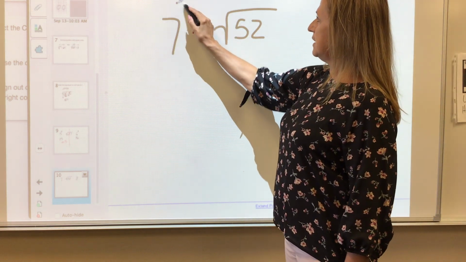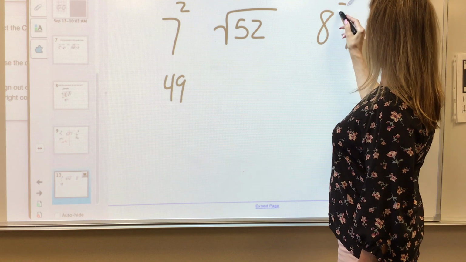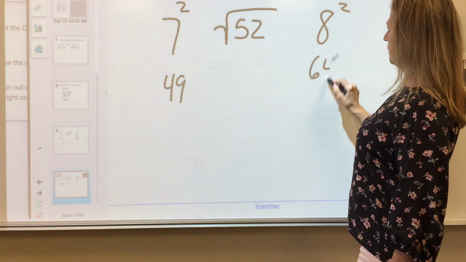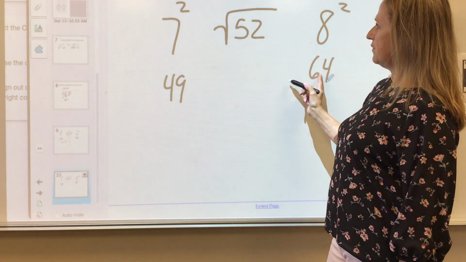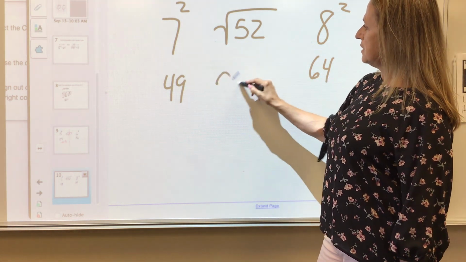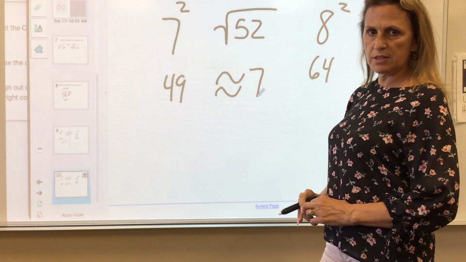If I took 7 and squared it, I get 49. If I take 8 and square it, I get 64. Well, 52 is closer to 49 than it is to 64. So the approximate square root of 52 is 7. We're just going to round to the nearest whole number.